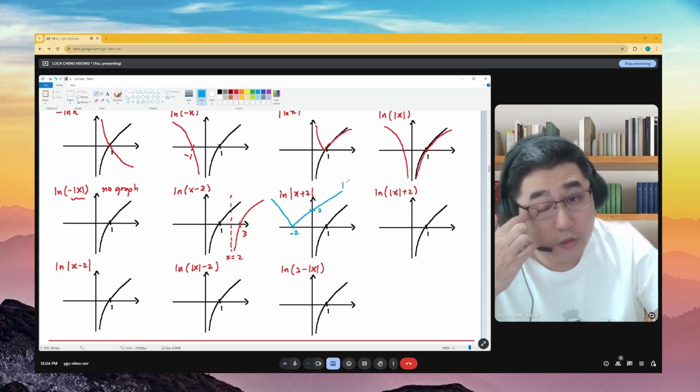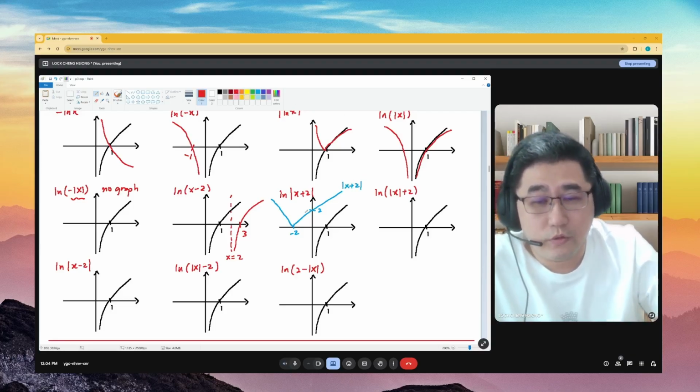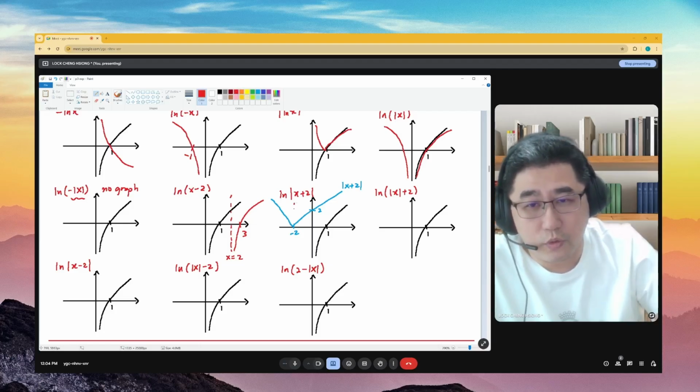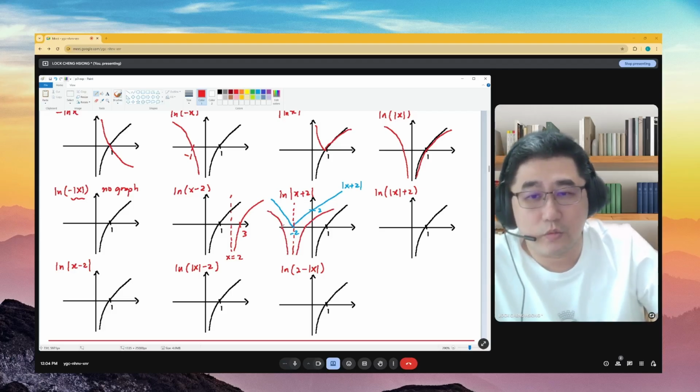This is the modulus of x plus 2. Then the -2 will be your asymptote, and the graph looks like this. You have two sides. This will be -3, this will be -1. This will be our Ln 2.